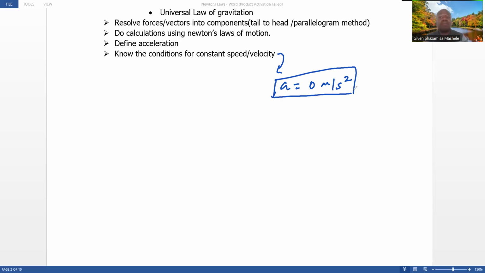And by the way, when acceleration is 0, even the net force that is acting on that object will still be 0. And what does this mean? It means we know, and we went through that, when the net force is 0, the forces that are acting there are balanced, or they are in equilibrium.